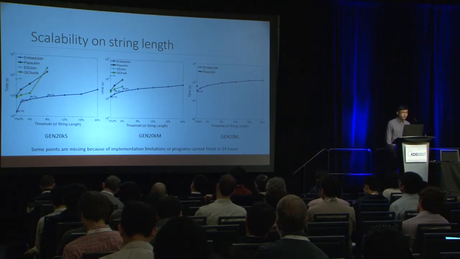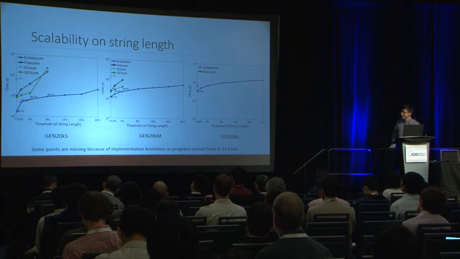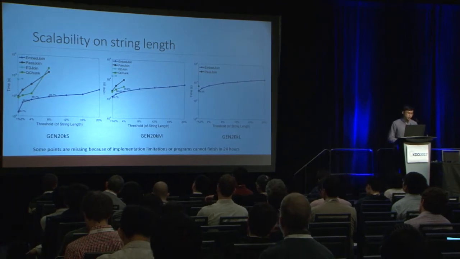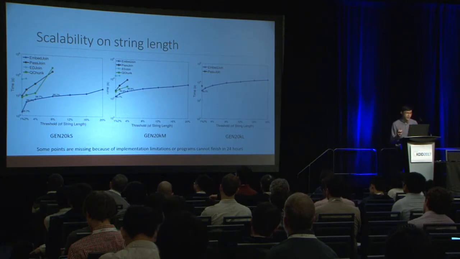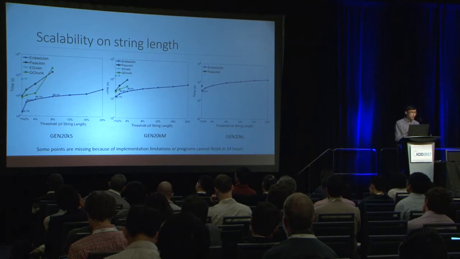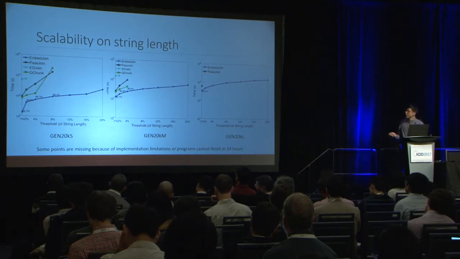So here is the scalability on string length. We change the string length from 5,000 characters to 20,000 characters, and we change the threshold from 1% of the string length to 20% of the string length. The y-axis is time.